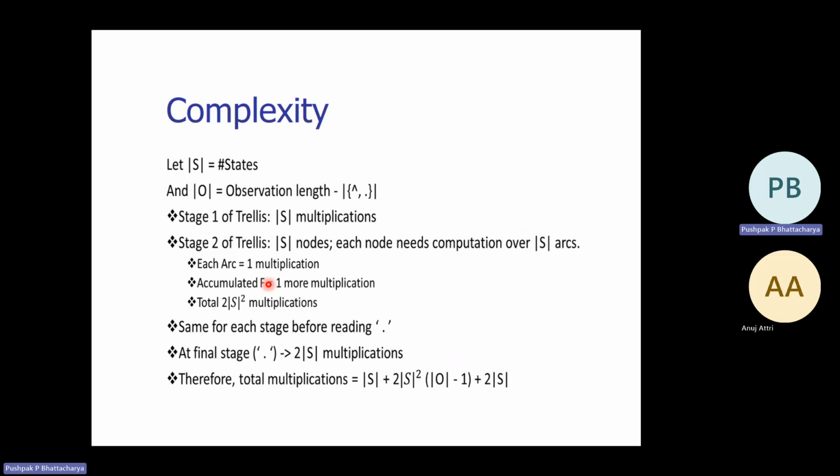So I show the complexity of the forward algorithm, and that complexity is S, the number of states, plus 2 into S square into (observation length minus 1) plus 2 into S. So this is linear in observation length and quadratic in the number of states, just like Viterbi.